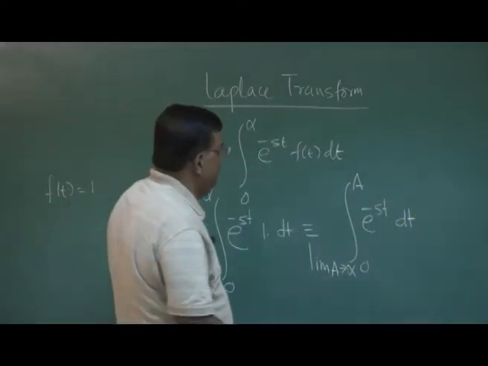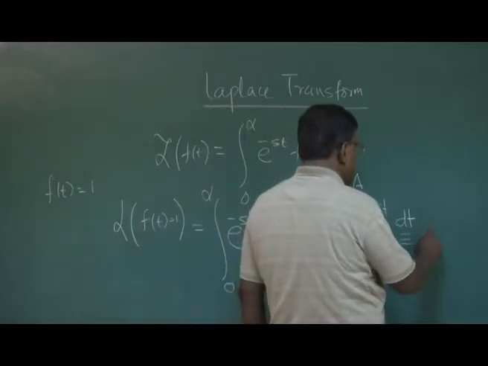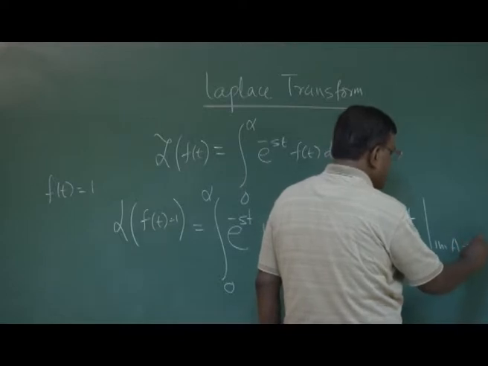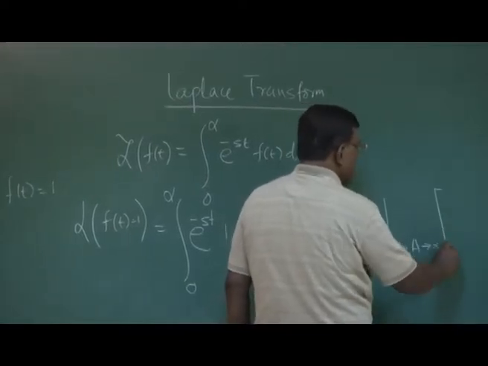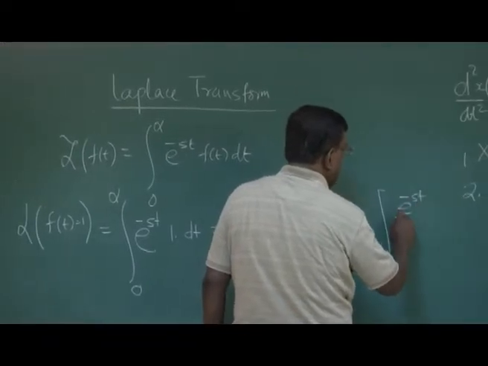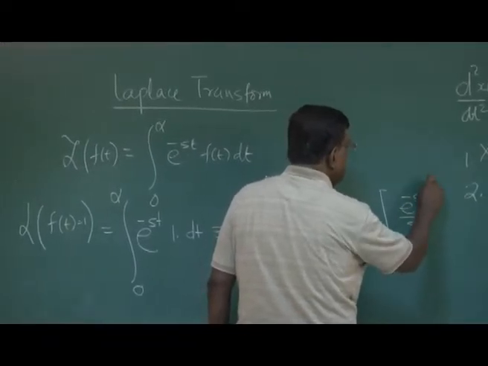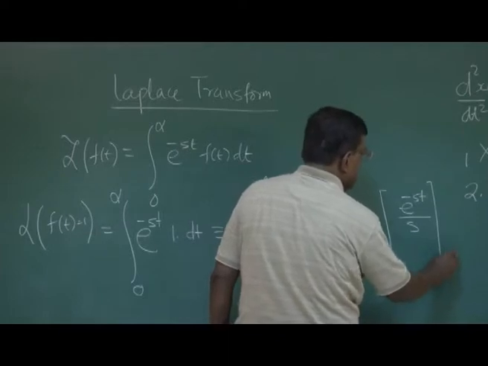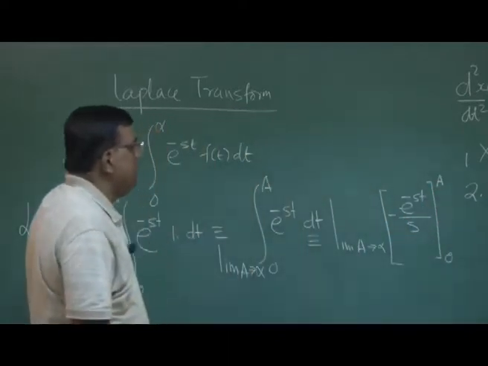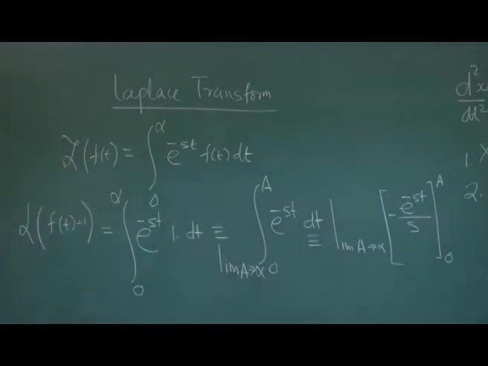And then this will be equal to limit a tends to infinity, and this will be e to the power minus st by s, from 0 to a, and a tends to infinity. Right? No issues?